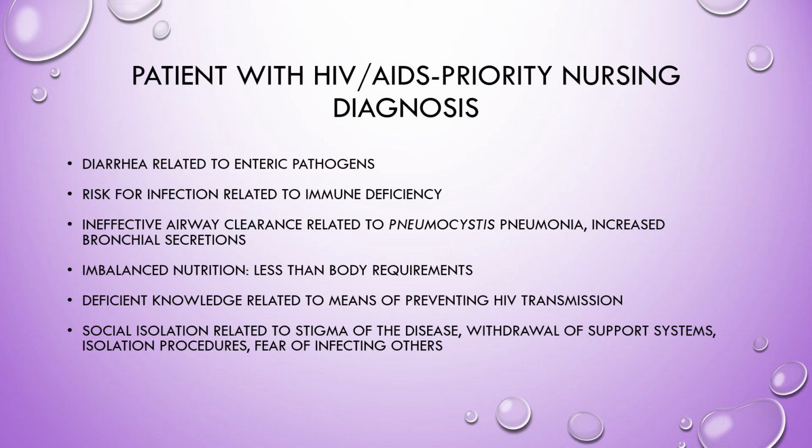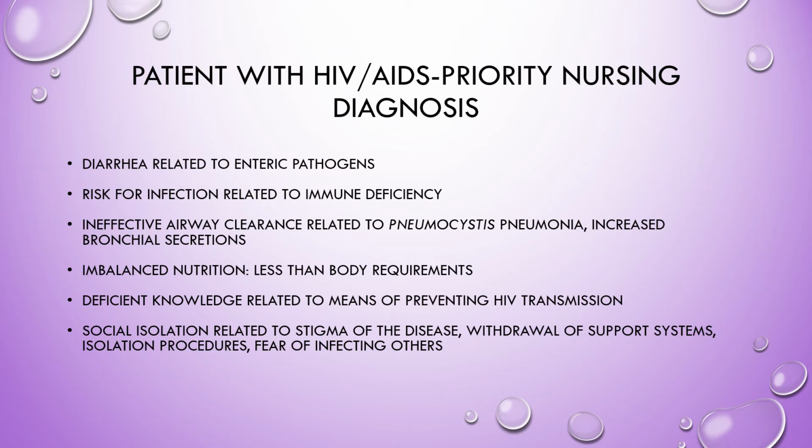Patients with HIV and AIDS will have the following nursing diagnoses. They will have diarrhea related to enteric pathogens, risk for infection related to immune deficiency, ineffective airway clearance related to pneumocystis pneumonia and increased bronchial secretions.